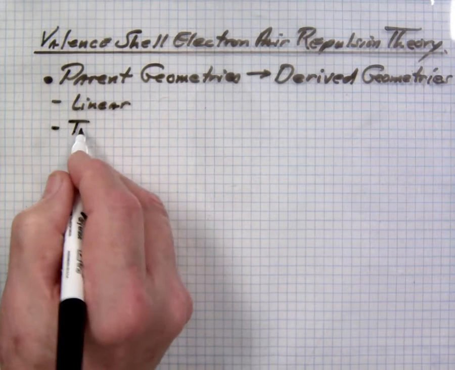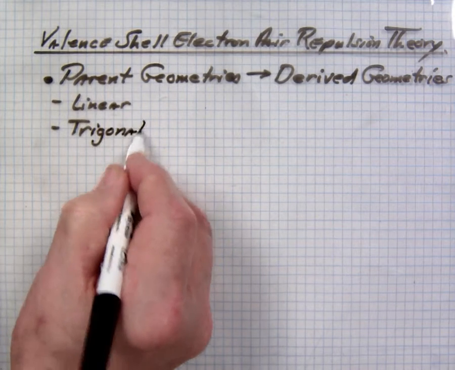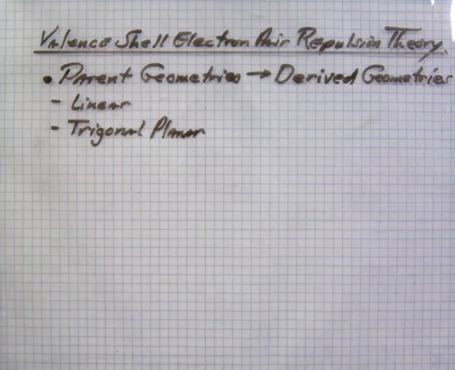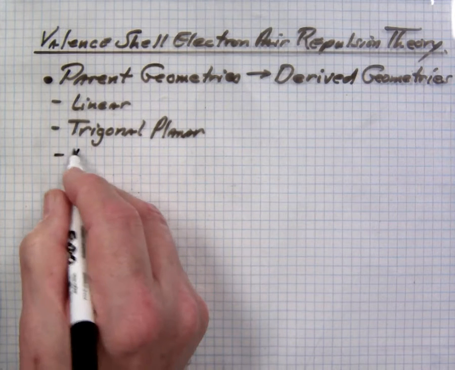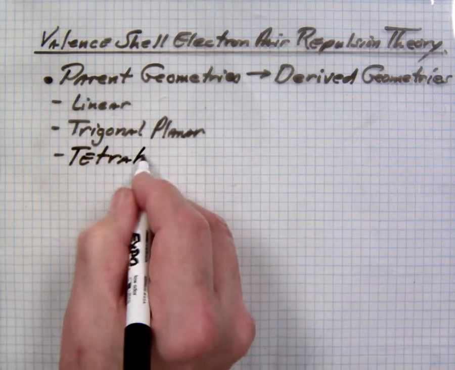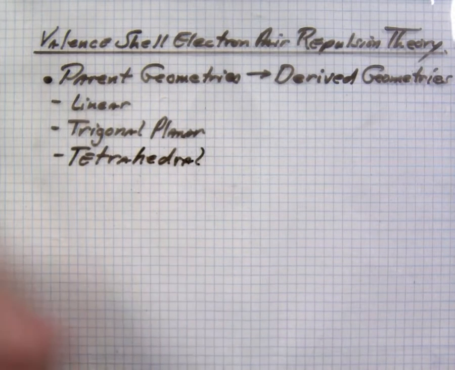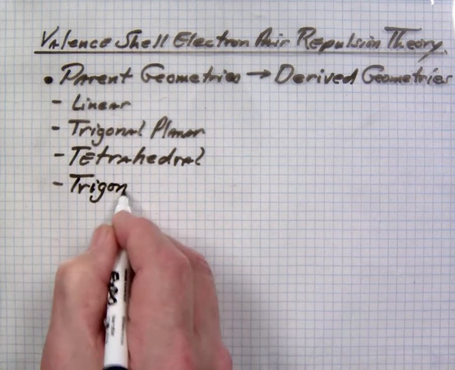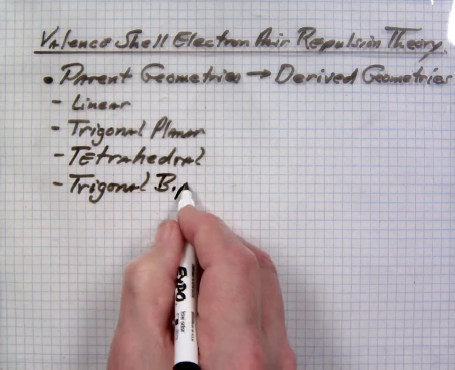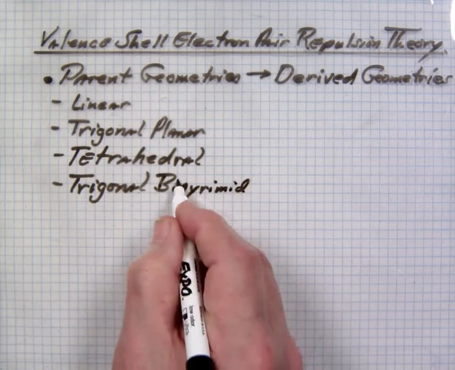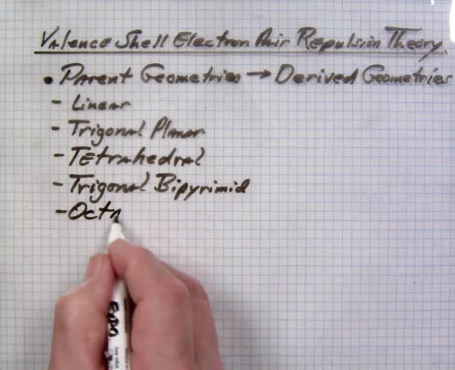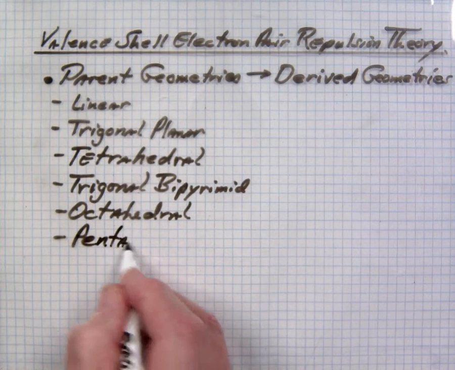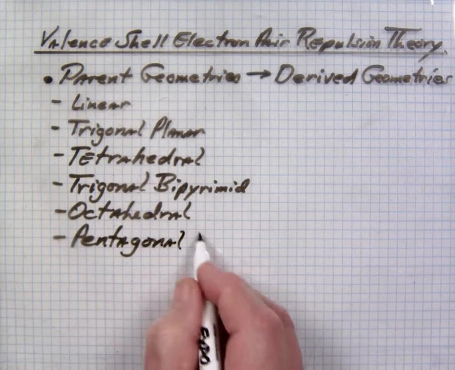Then we have trigonal planar, tetrahedral, trigonal bipyramid, octahedral, and a pentagonal bipyramid.